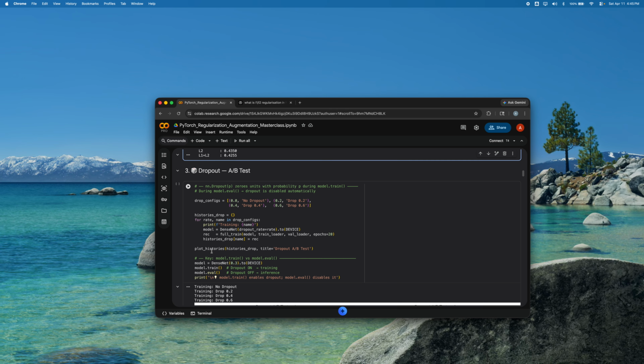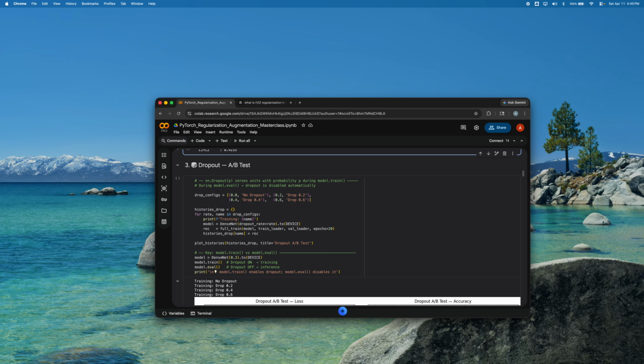Then we have the dropout. The idea is, during training, you randomly switch off a fraction of neurons on every forward pass. This forces the network to learn redundant representations, and it can't rely on any single neuron too heavily. Here we have different types of dropouts.